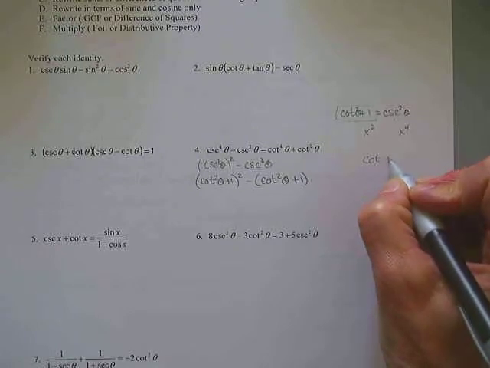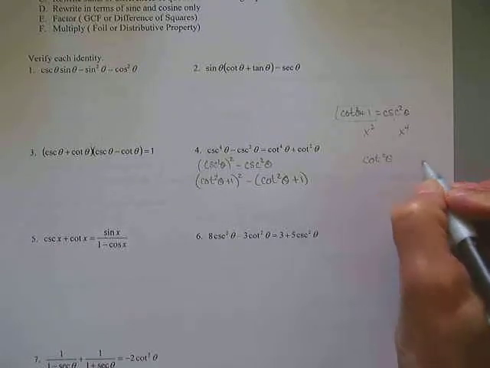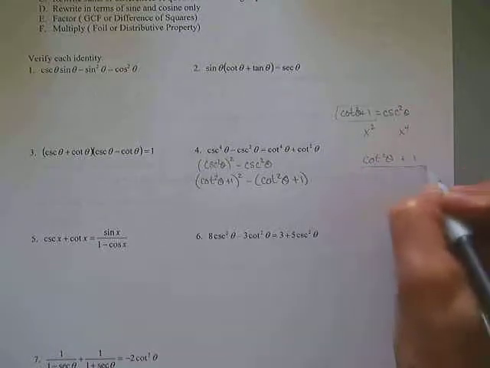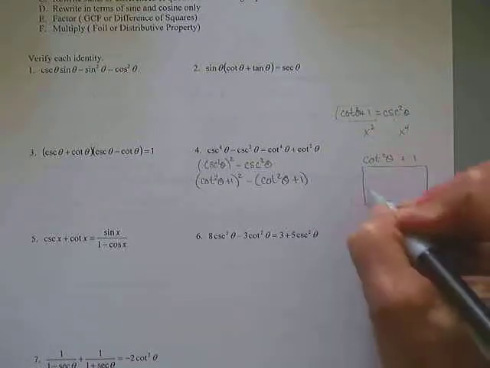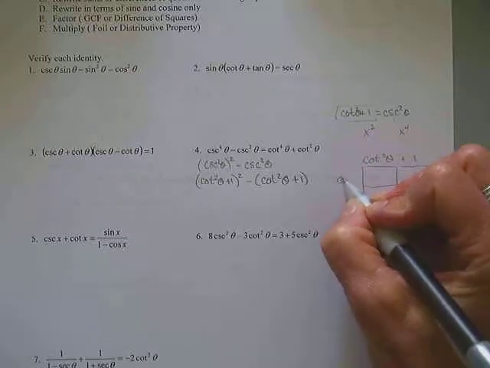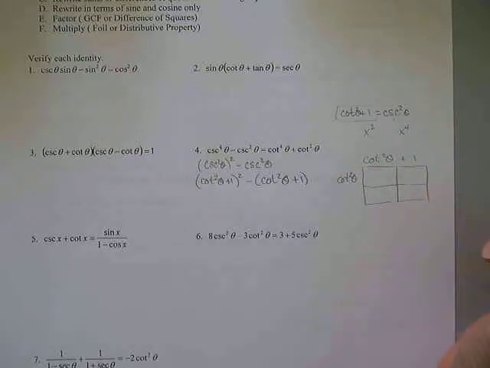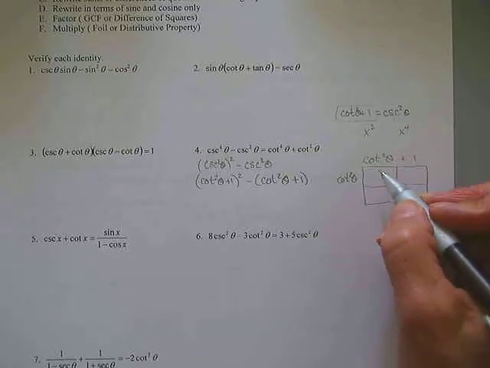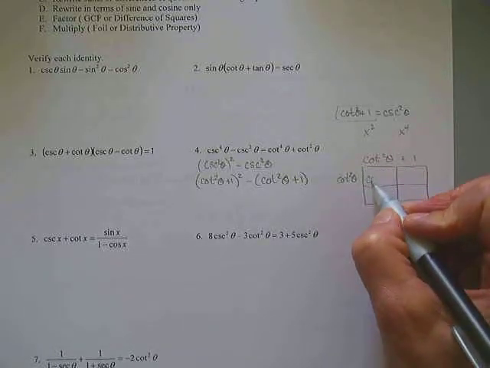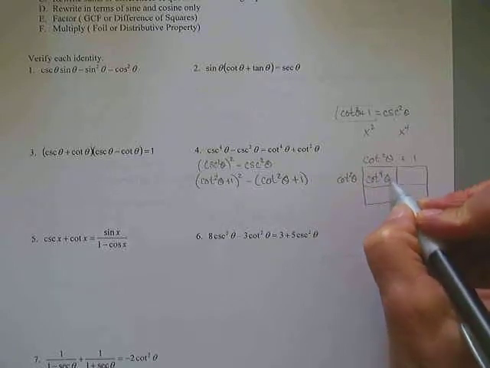Okay, so right over on the side, I'm going to say cotangent squared of theta plus 1... might be a better way. I think this might not be a very good way.